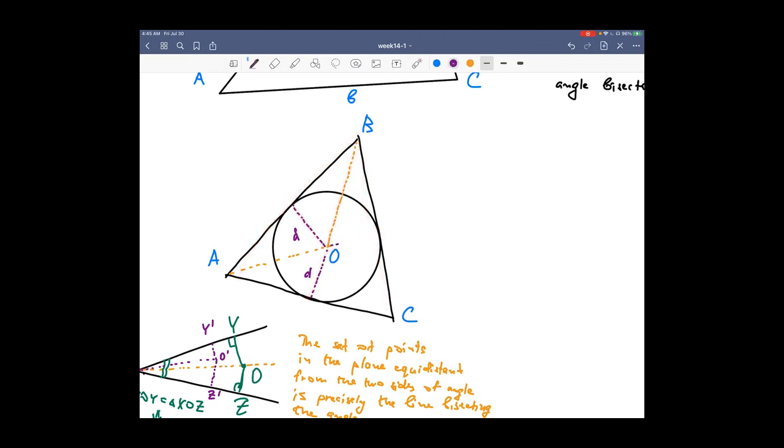So this distance is also D. Now we see that this point O is equidistant from sides AC and BC. In other words, it's equidistant from the two sides of the angle C. It must therefore lie on the bisector of angle C.